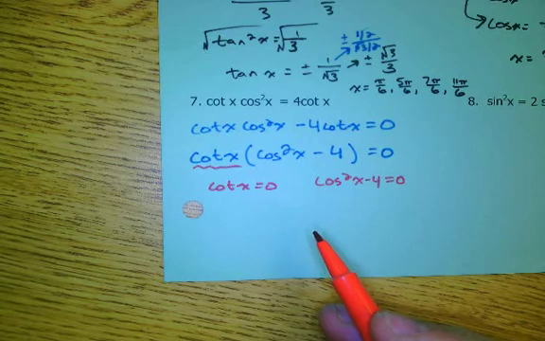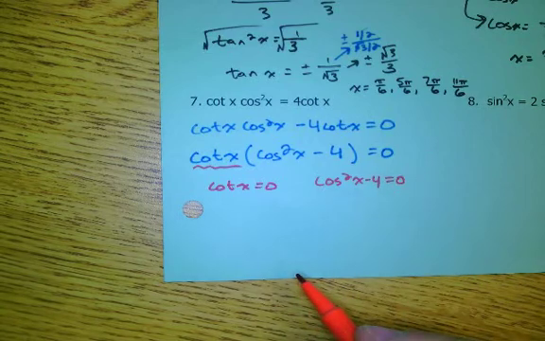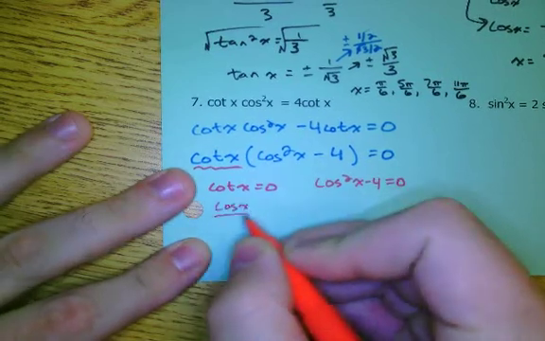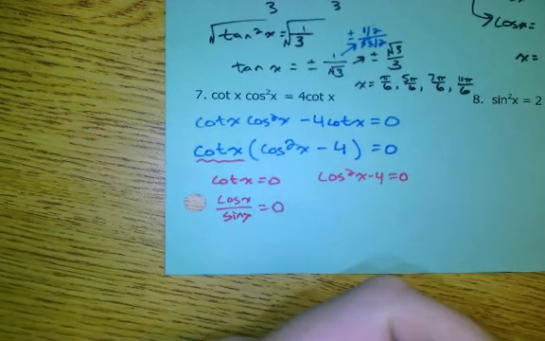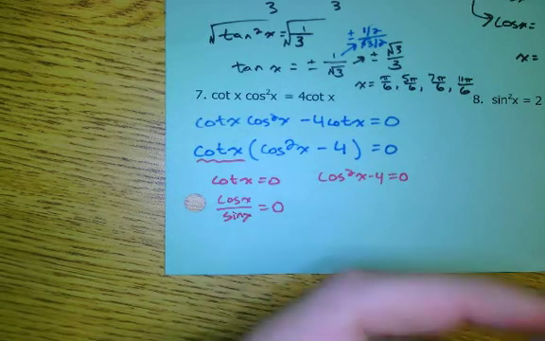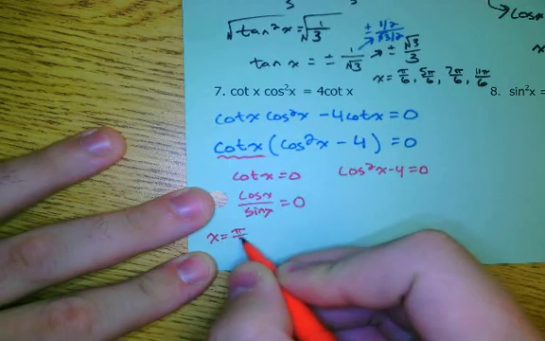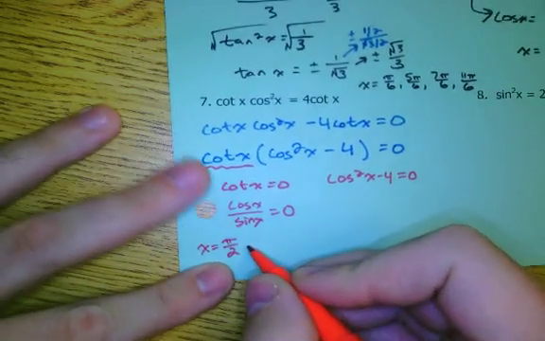This is also the same thing as cosine over sine, cosine of x over sine of x. When does cosine equal 0? At 0, it's 1. Pi over 2. Anywhere else? Yeah, the one opposite of that, 3 pi over 2.